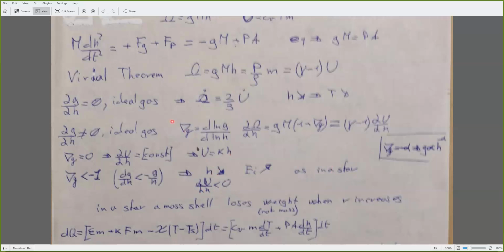Just to have consideration, if this gradient is minus alpha, then the acceleration of gravity is proportional to the height to the minus alpha.